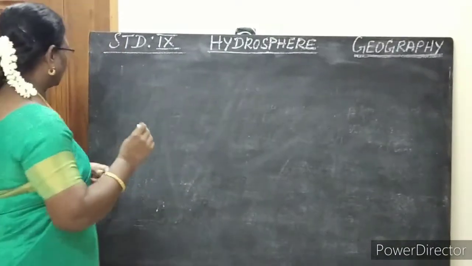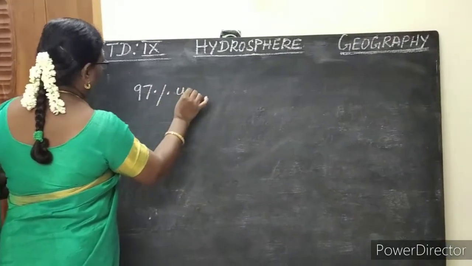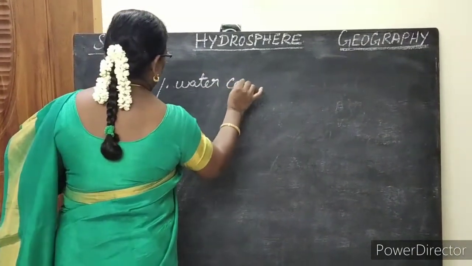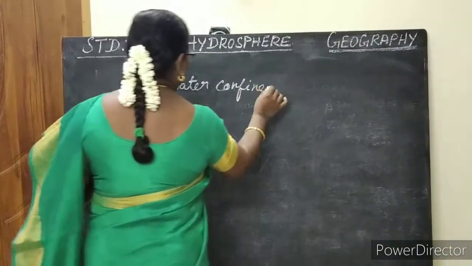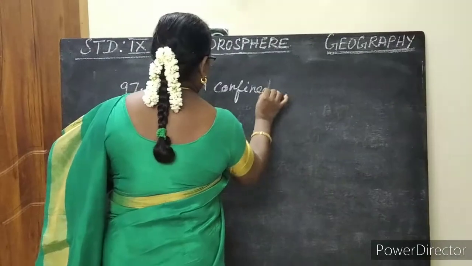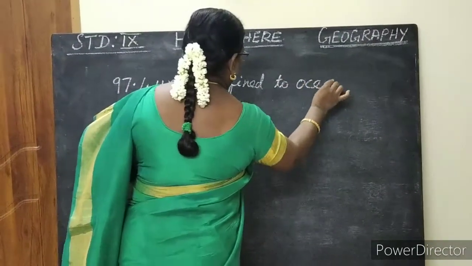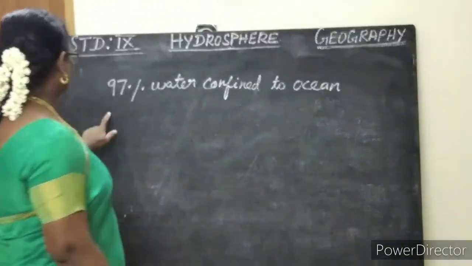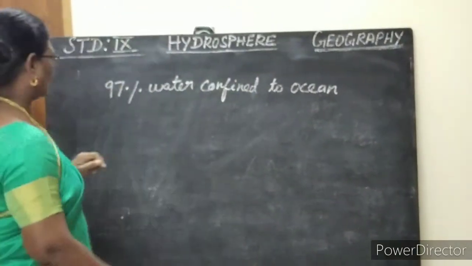Here, look at children, 97% of water is confined to the ocean. How many percentage of water is confined to the ocean? 97% of water is confined to the ocean.